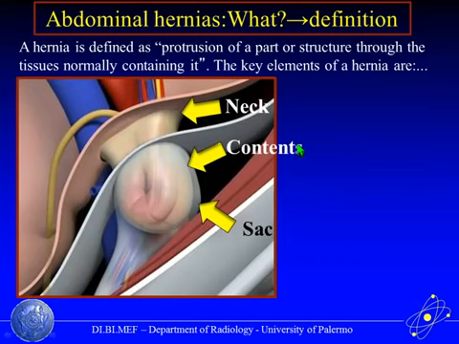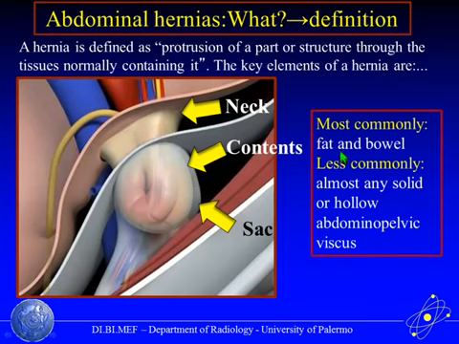The latter may most commonly be fat and bowel. Less commonly, but we have to keep this in mind, almost any solid or hollow abdominopelvic viscus may be part of the contents of the hernia.